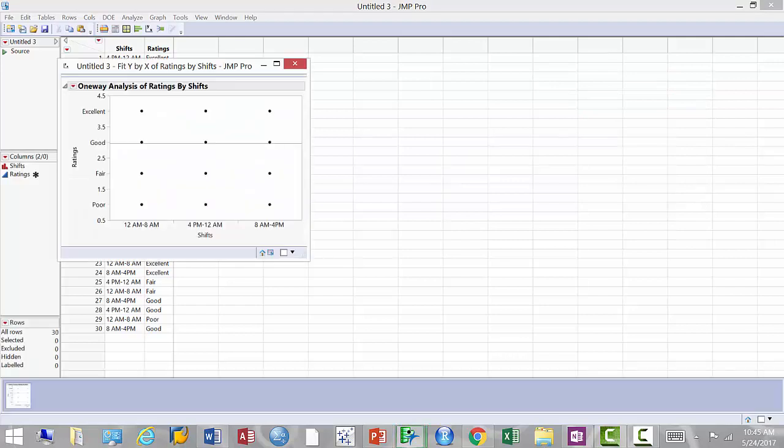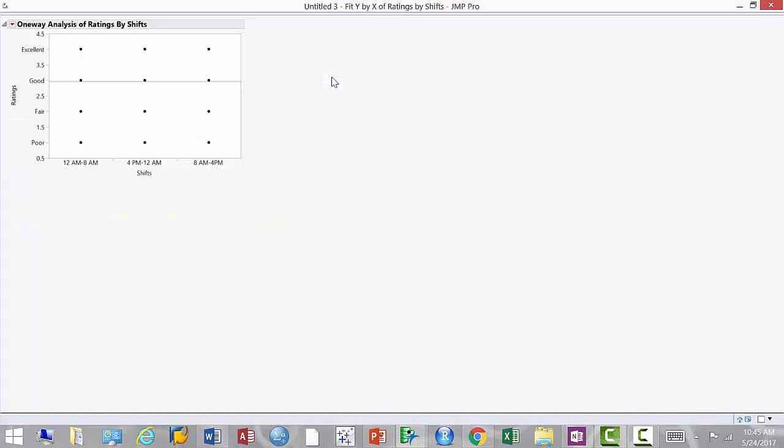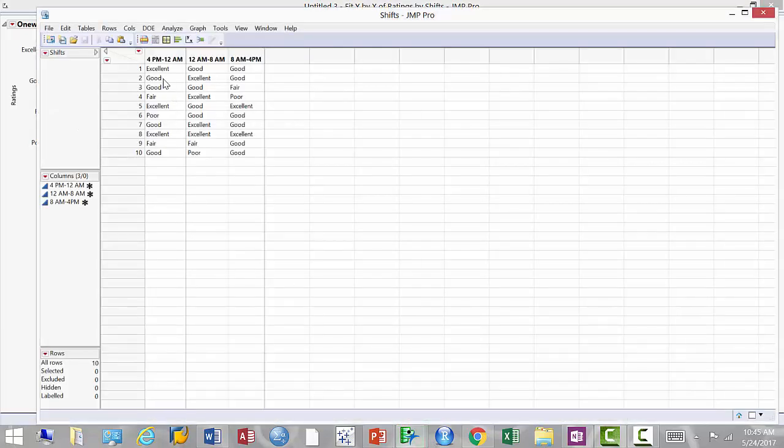When I click OK, it gives me the scatter plot, but that's not informative, right? It basically says that they're all the same. Now, obviously on different shifts I had some replicating responses. For example, if I go back to my original data, in shift number 1, I had good, good, good, good, four times.